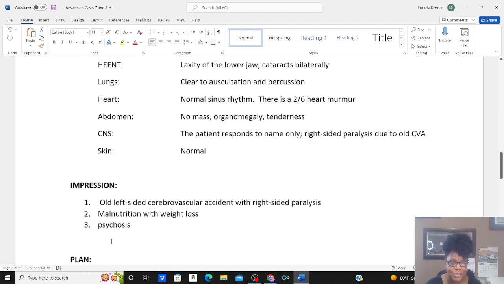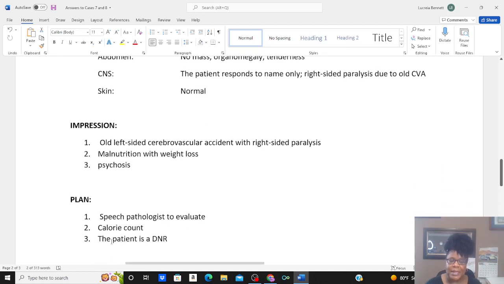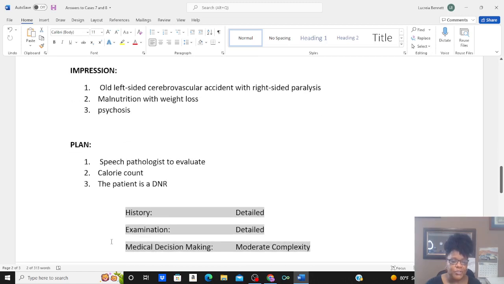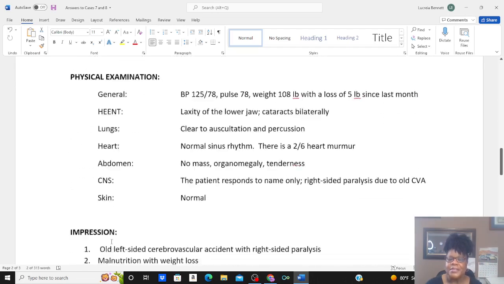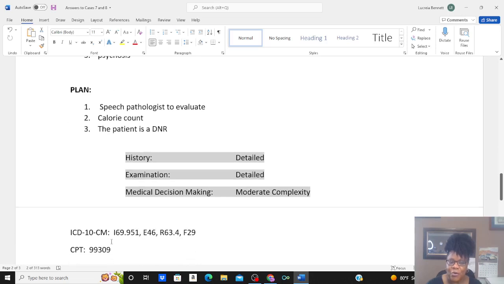Those are the diagnoses. Talked about the plan, the history, exam, and medical decision making. So based on this nursing home assessment, the CPT code for nursing home is 99309. That would be the E&M.